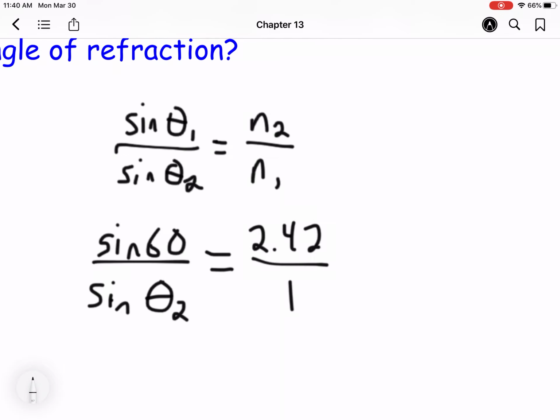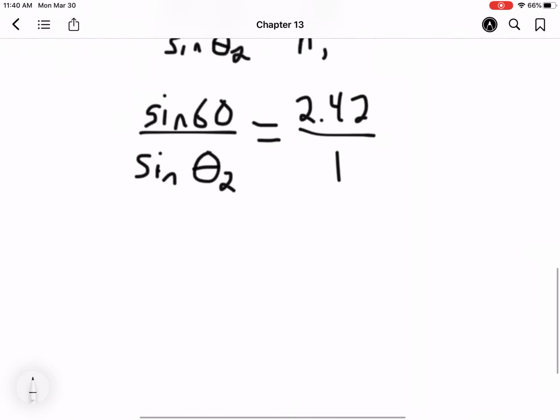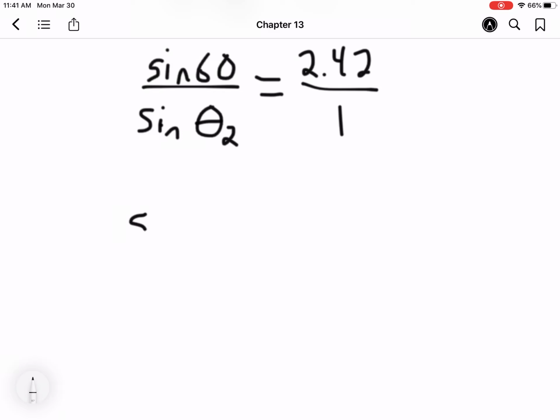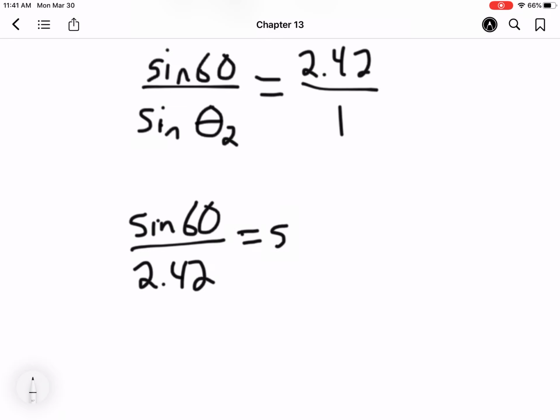And so we can go ahead and figure this out. This is going to end up being sine 60 over 2.42 equals sine angle 2. Don't forget to do your inverse sine at the end. So what does angle 2 equal? So we'll use our calculator. Sine 60 divided by 2.42.